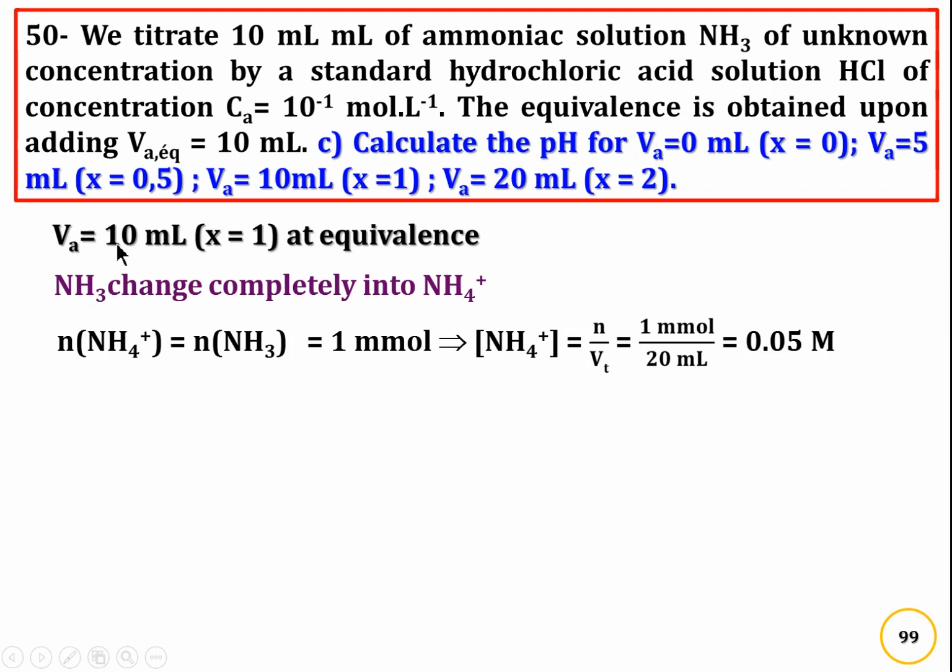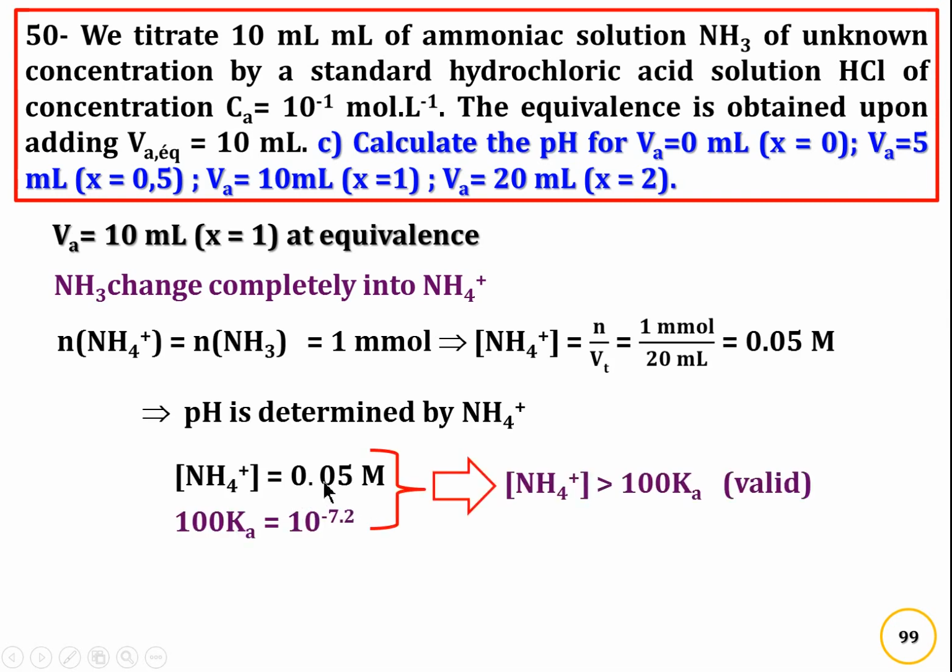We have 10 ml of ammonia and we add 10 ml of the acid. So the total volume is equal to 20 ml. The concentration of NH4 plus at equivalence equals 0.05. So the pH is the pH of a weak acid. We compare C0 to 100 Ka and we find that the concentration is greater or equal to 100 Ka.